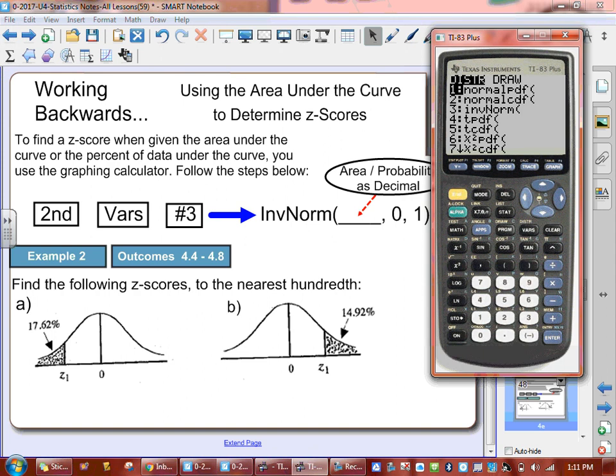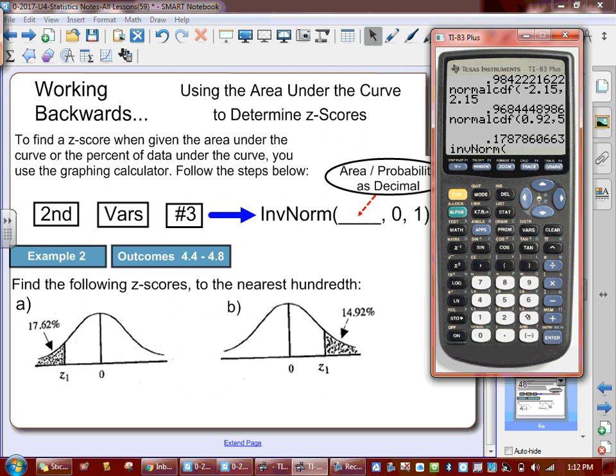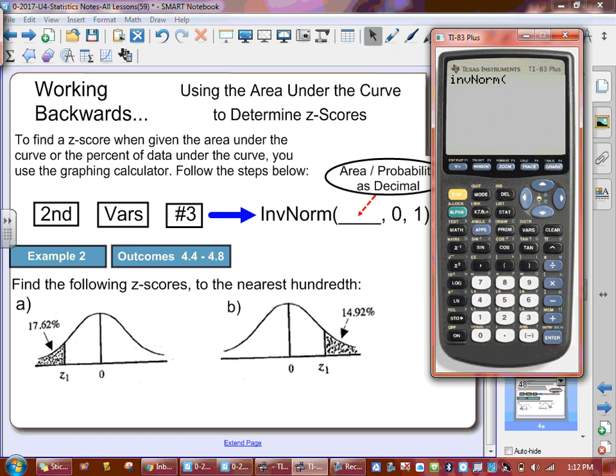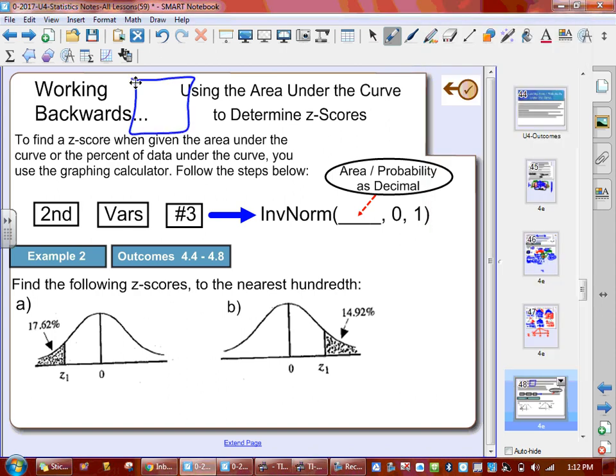I'll just clear my page here actually. So second bars, number 3. Okay, inverse norm. Now, when you have that, you might have area and then mean and standard deviation. Depending on the calculator you have, if it doesn't look like mine, it might look like this other screen that comes up that says area equals, and then it says mean is 0, standard deviation is 1, and then paste.